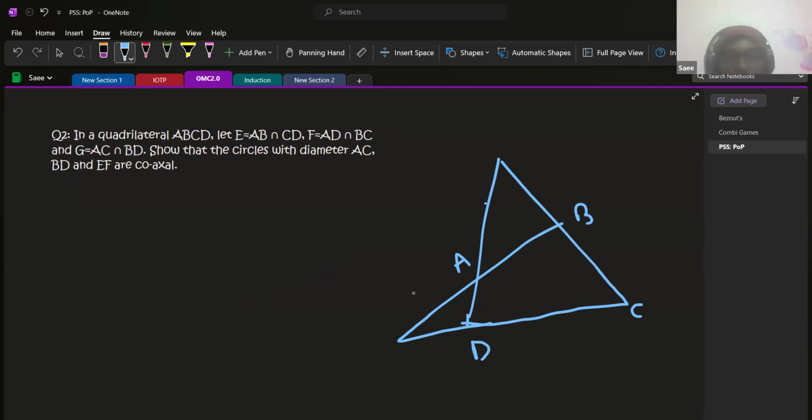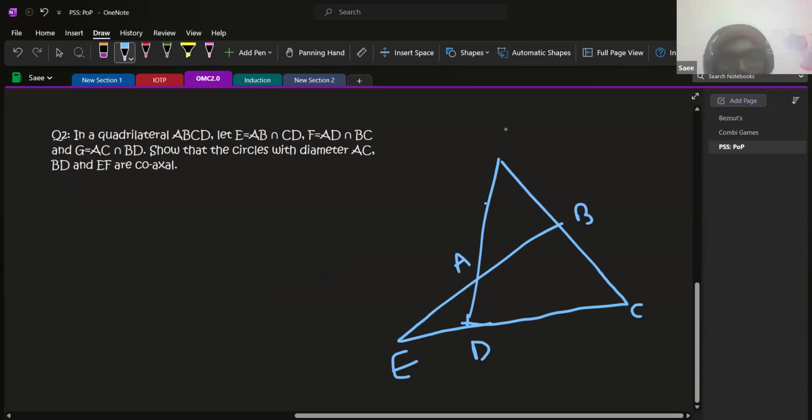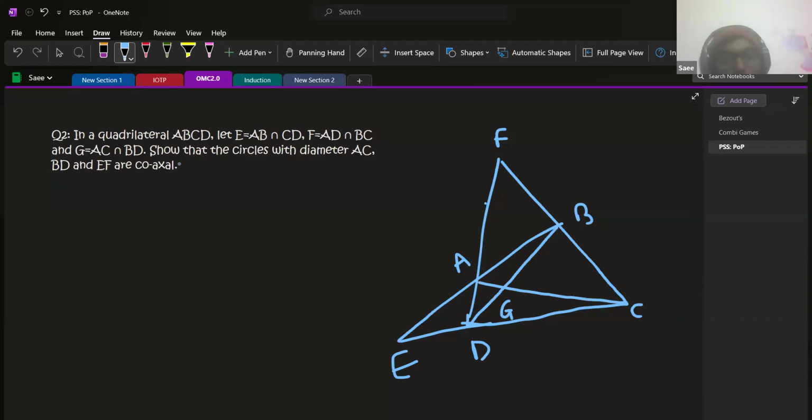So E is AB cap CD, F is AD cap BC, G is AC cap BD. Show that the circles with diameter AC, BD, and EF are coaxial.